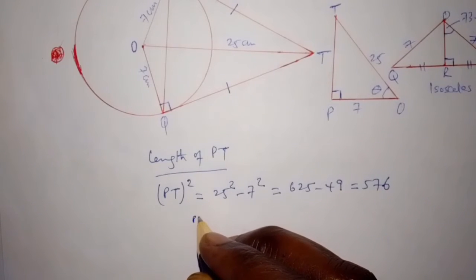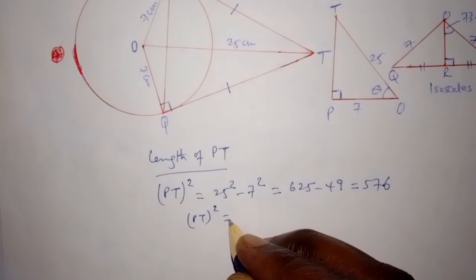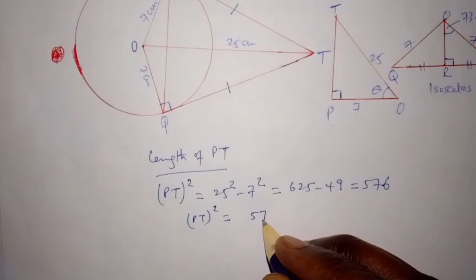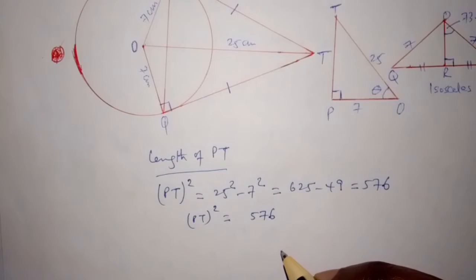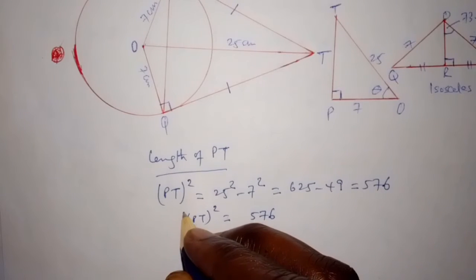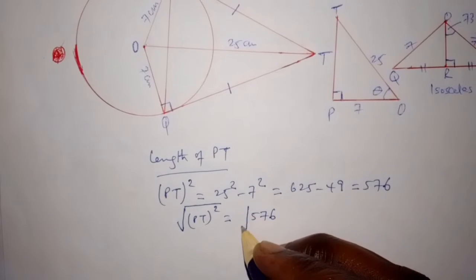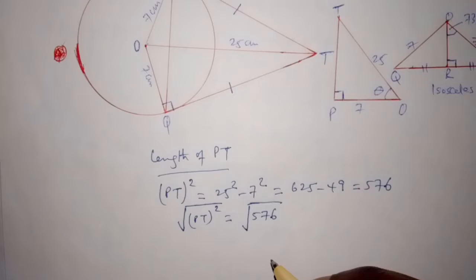So PT squared is equal to 576. Now we can take the square root of both sides. Square root of PT squared, square root of 576.